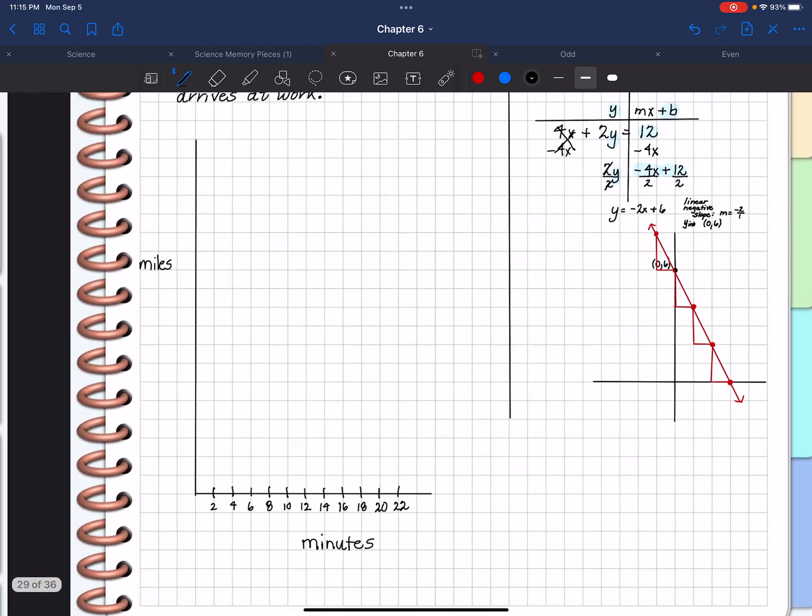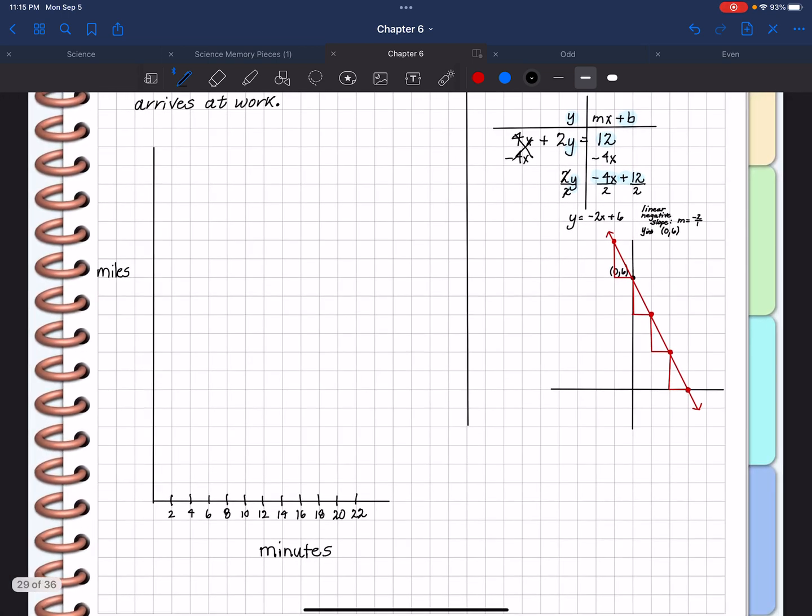And then on the miles, I'm going to do the same thing. I'm going to let this be 0. And here's 2, 4, 6, 8, 10 miles. 12, 14, 16, 18, 20 miles. 22, 24, 26, 28, 30 miles. 32, 34, 36, 38.